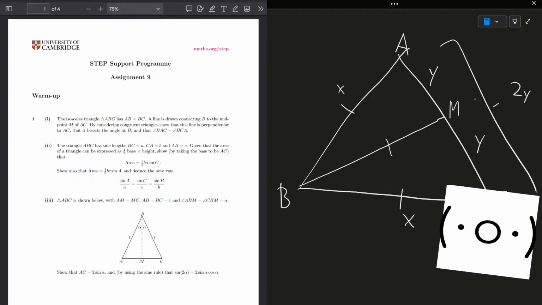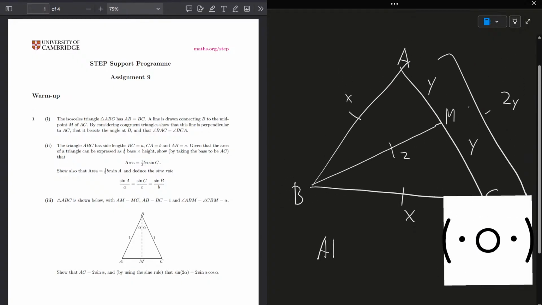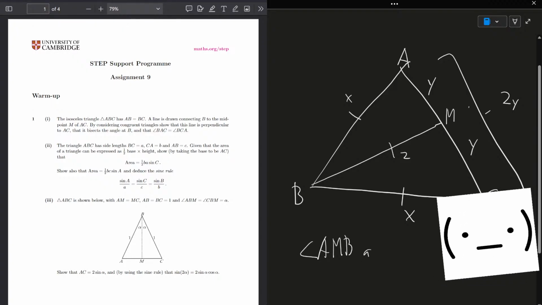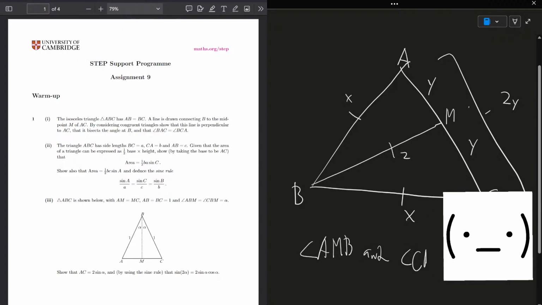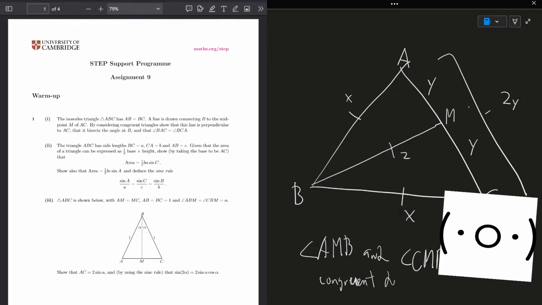Wait, this is the same. So A, B, M and C, B, M are congruent due to SSS.